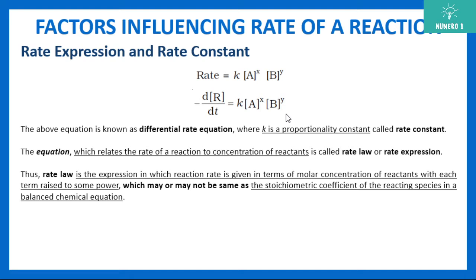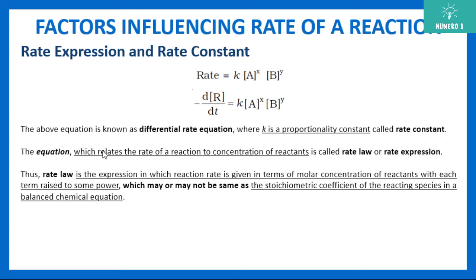This is the same thing that we have seen. This is actually a differential equation. Please note that the above equation is a differential rate equation. Here k is the proportionality constant, also called the rate constant. Please note that this k is the rate constant.